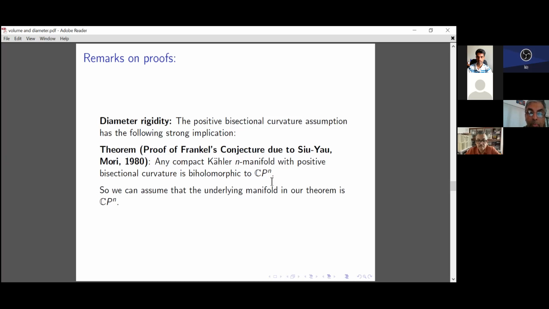And two completely different proofs came up around the same time in 1980. One was due to Siu and Yau, and the other one is an algebraic geometry proof due to Mori, which actually gives much more than just this statement.